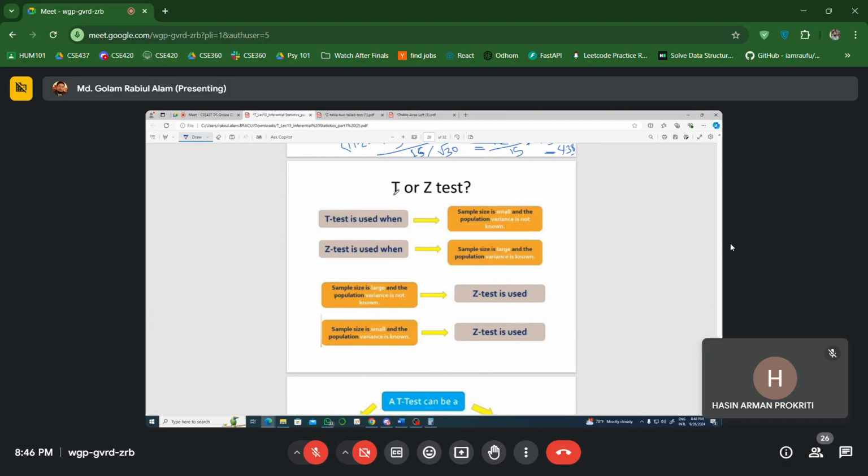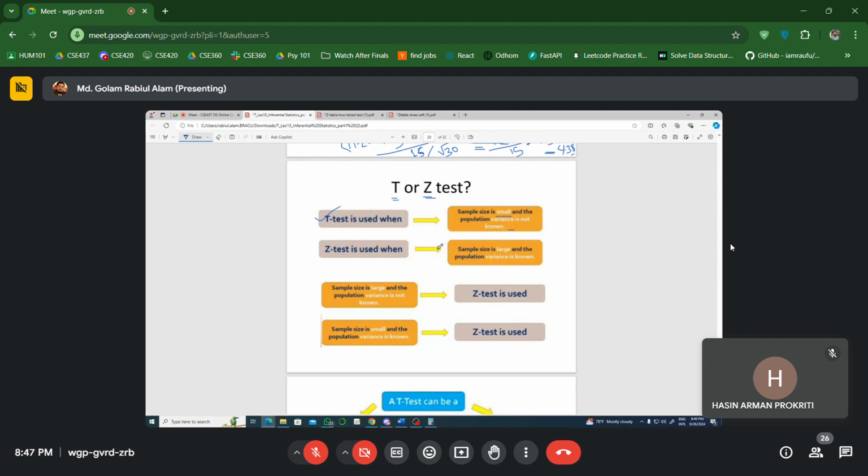So we have two similar tests, the T-test or Z-test, but it will depend on two things. At first, you need to think about whether the sample size is small or large. If the sample size is small and the population variance is unknown, in that case you have to apply the t-test.